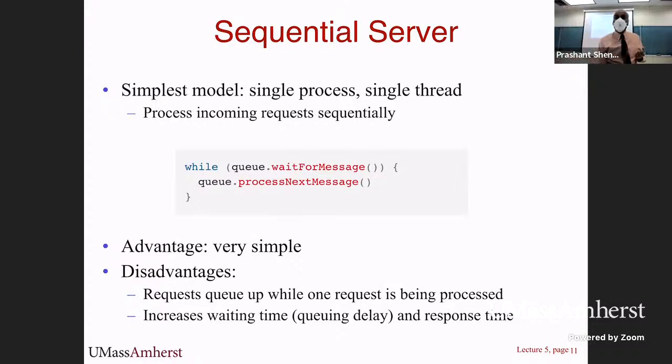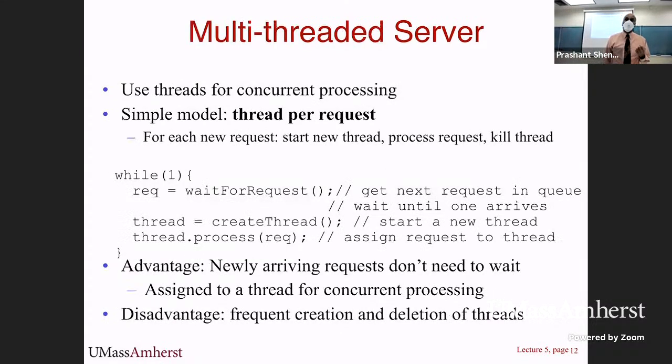So how do you deal with this? We are going to make our server multi-threaded. So now our event loop is shown in the middle there. There are many ways to do multi-threading. We'll start with the simplest approach. This is called a thread per request model. As the name suggests, every time a request comes in, you are going to start a new thread.